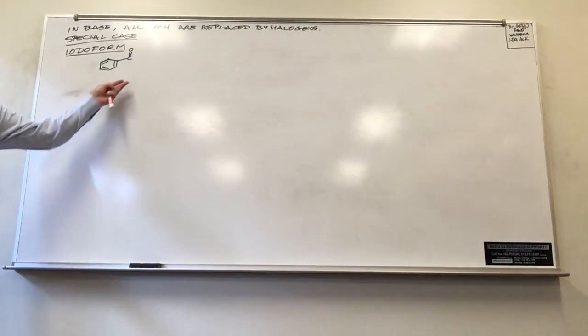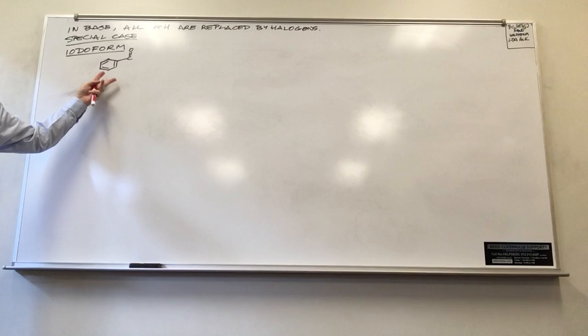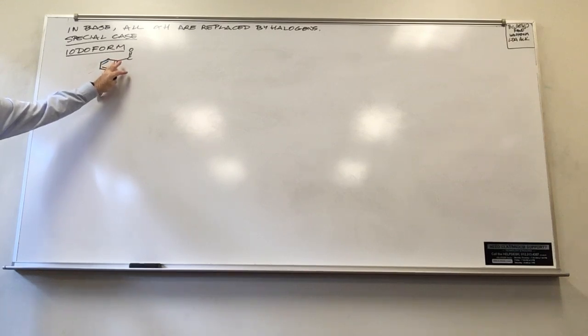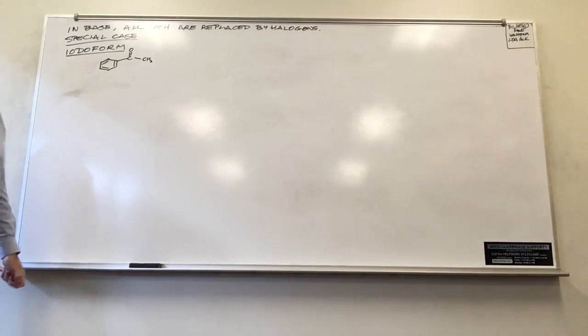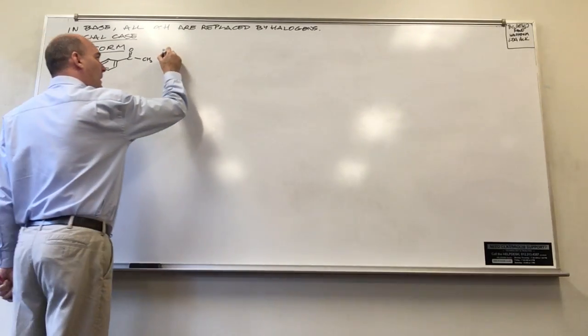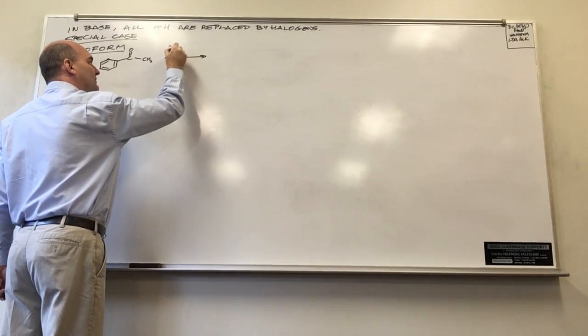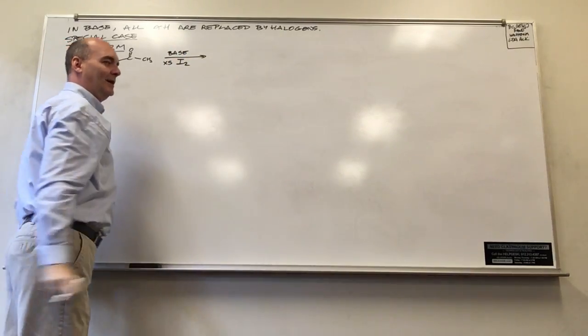But again, I'm using an aromatic system on the left-hand side of my molecule simply because it has no alpha hydrogens, not because the aromatic imbues any special kind of characteristic to this molecule. I take a methyl ketone. That's all it needs to be, a methyl ketone. And I put this in base and lots of iodine.